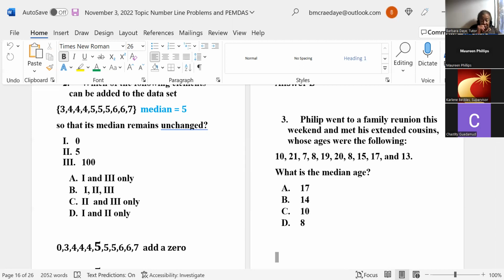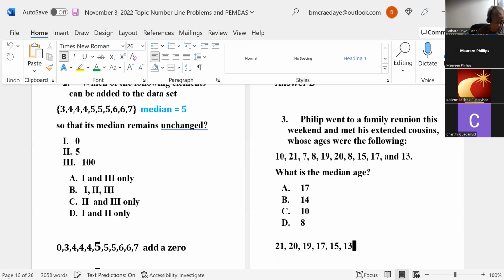Let me see, try putting them in order, checking them off so you don't miss one. 21, 20, 19, 17. Oh, you put them in order, Maureen. You had 21, 20, 19, 17, 15, 13, 10.